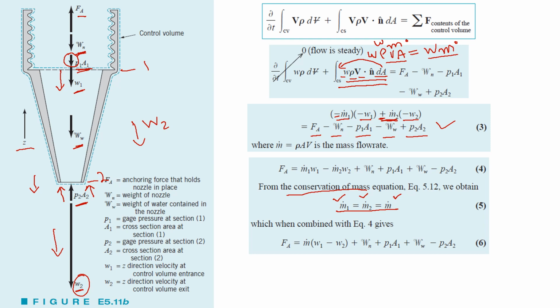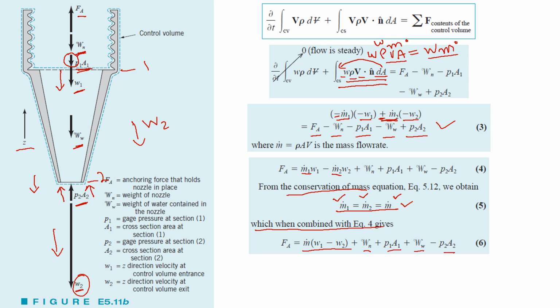And if we apply this to equation number 4, then m1 and m2 will come out to be a common m, and we will get this term, m dot (W1 minus W2), because m dot 1 is equal to m dot 2, so they will come out as common from this equation, and then the other terms will remain as such.